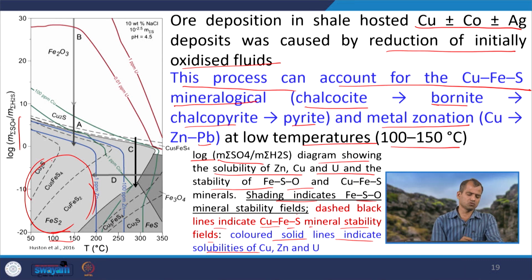If you go through this figure, you will find at what temperature and what concentration of these two, or ratio of these two, is suitable for mineralization. And finally, you will find how the mineralization changes with this change of temperature as well as this ratio of sulphide to oxide system.